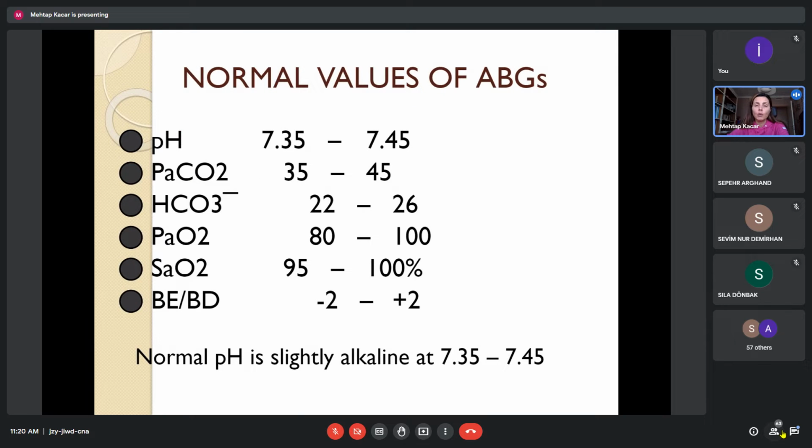Normal values of arterial blood gases: pH is 7.35 to 7.45, PCO2 35 to 45, bicarbonate 22 to 26, PO2 partial oxygen pressure 80 to 100, and oxygen saturation 95 to 100. Normal pH is slightly alkaline, as you see.